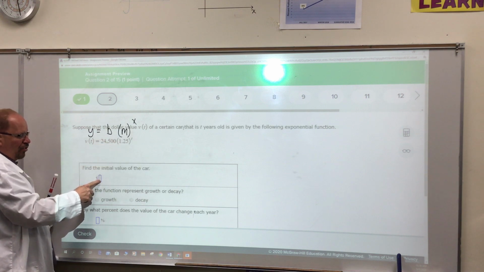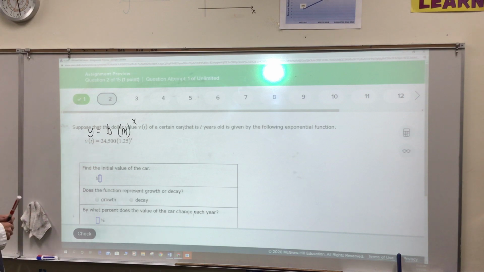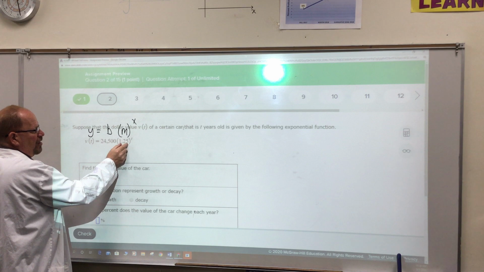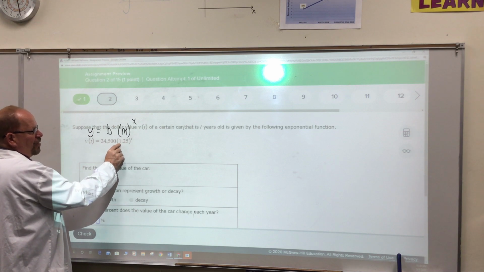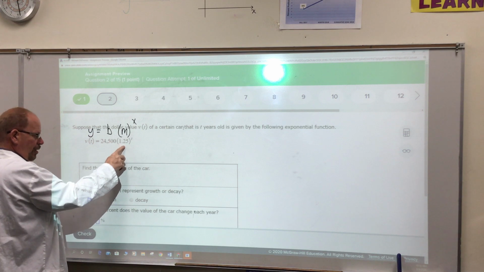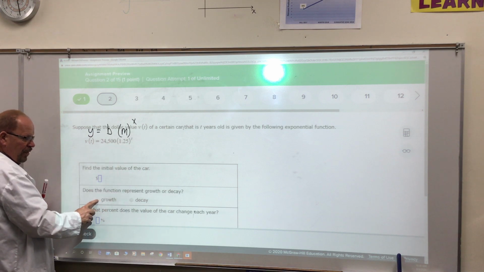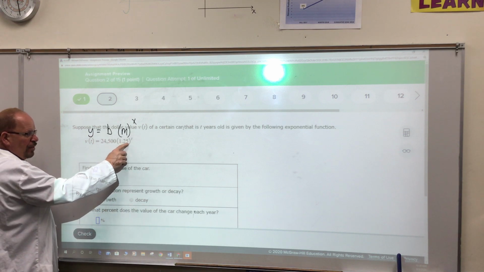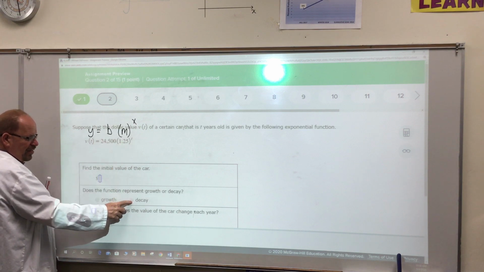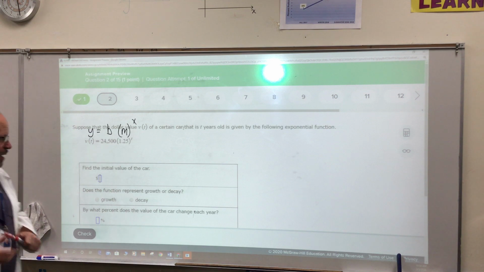That's the initial value of the car. Is this number more than 1 or between 0 and 1? If it's more than 1, when you multiply by it, it gets bigger, which means it's growth. If it's between 0 and 1, that's like a fraction, means it's going to get smaller or decay.